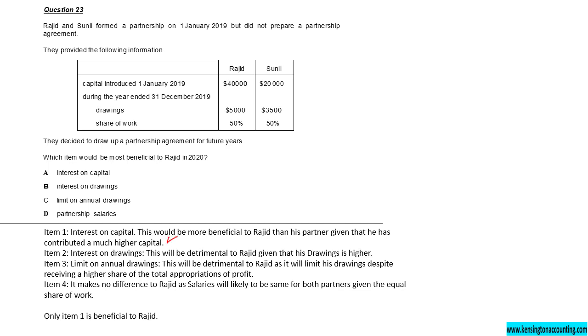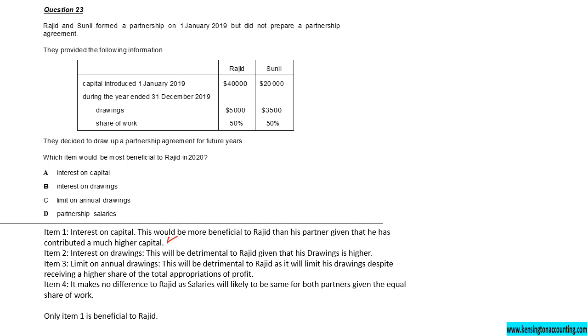Item 2, that's interest on drawings. Now, interest on drawings is the opposite of interest on capital. Therefore, it is a kind of expense to the partner. It's a deduction in their total share of the profits.